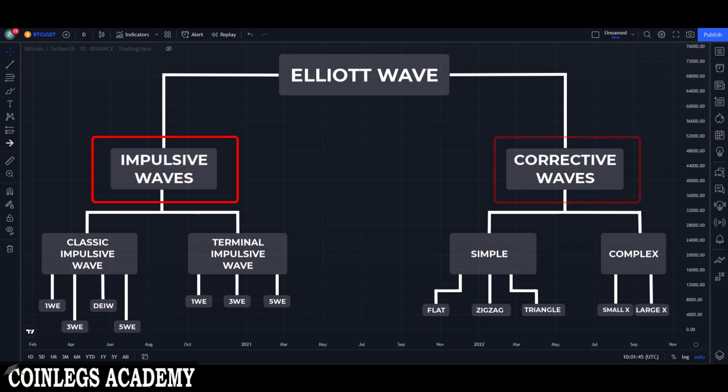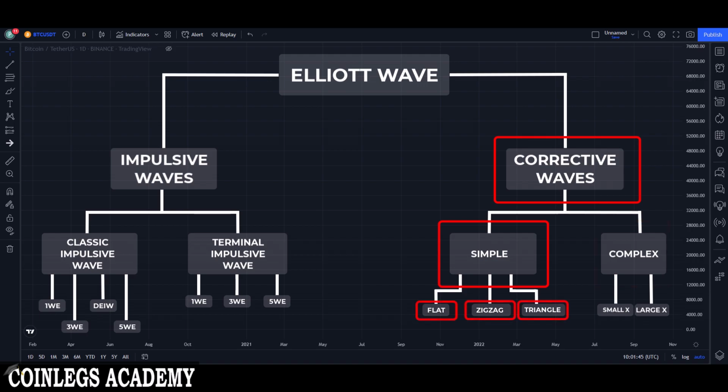The impulsive wave is divided into two: classical impulsive wave and terminal impulsive wave. We will also look at their behaviors. Corrective waves are also divided into two, simple and complex. In simple waves, we see flat, zigzag and triangle forms.